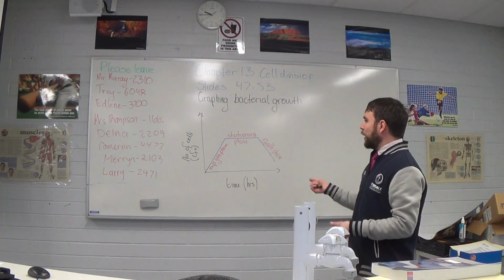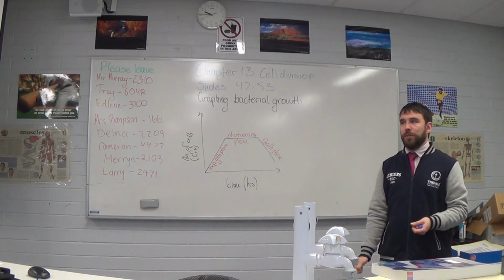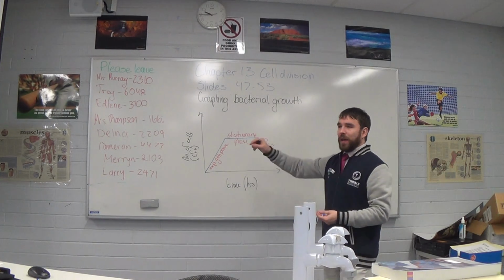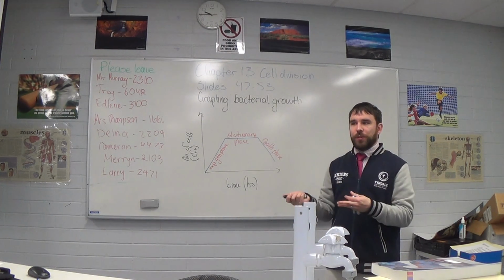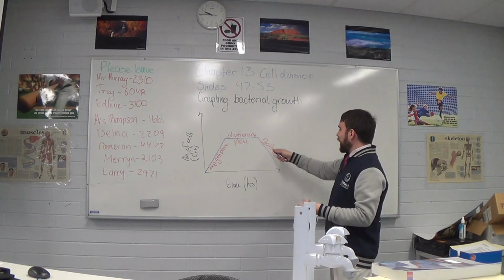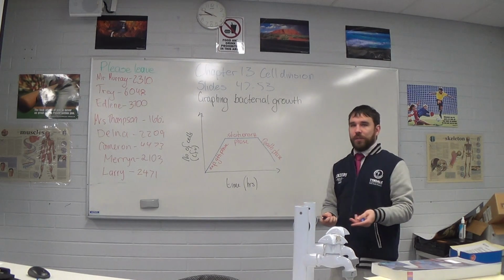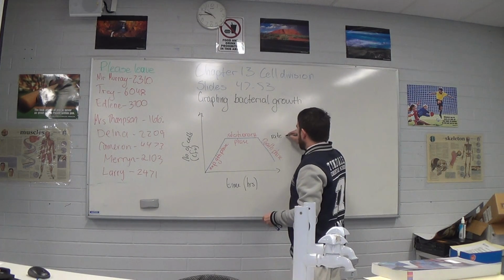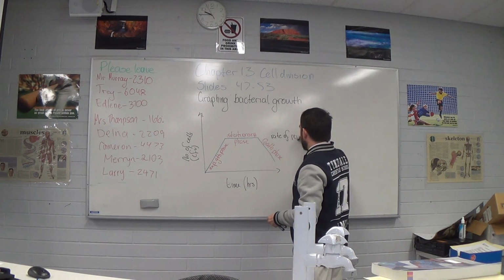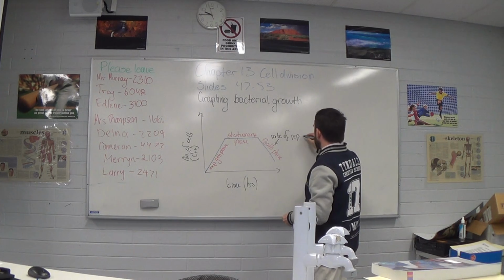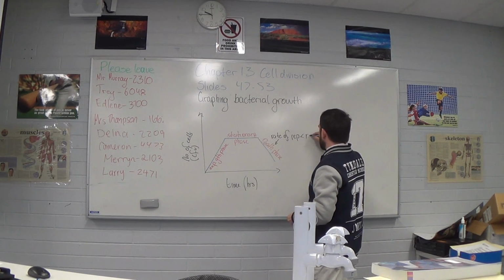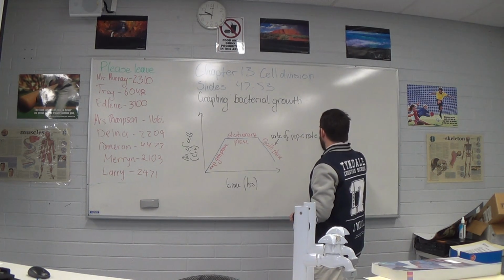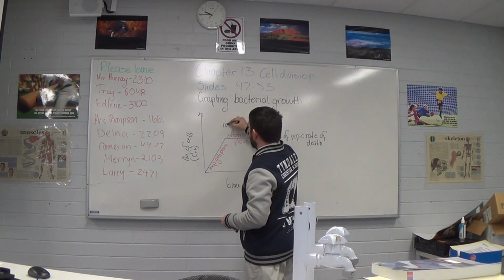Cells still die, but it's just that there are far more cells reproducing than dying. At the stationary phase, the rate of reproduction versus the rate of death are equal, and in death phase, the rate of reproduction is far less than the rate of death. So we have this very simple way that we can describe it. So for the death phase, rate of reproduction is less than rate of death.